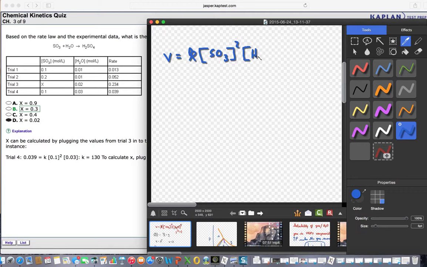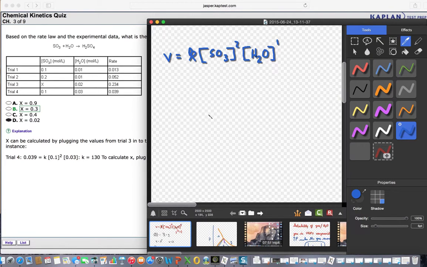Now, what is inferred here is that the exponent is a 1. And we have a data table where we have X, and we need to figure out what X needs to be in order to be consistent with all of the data.